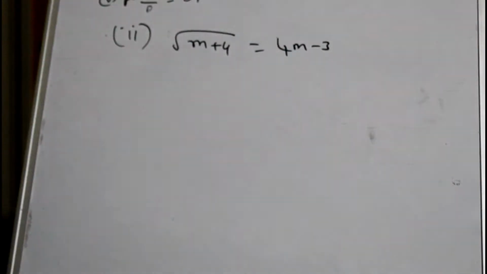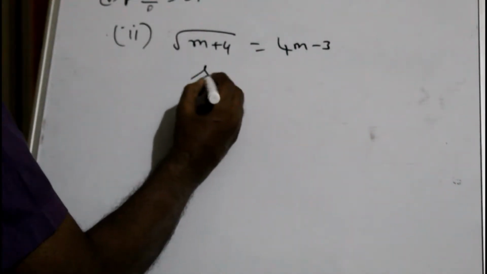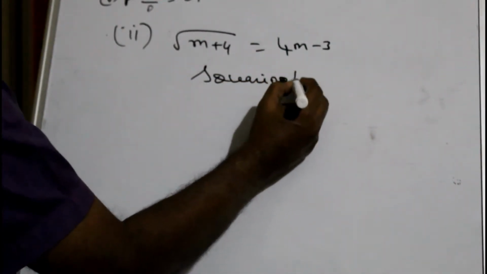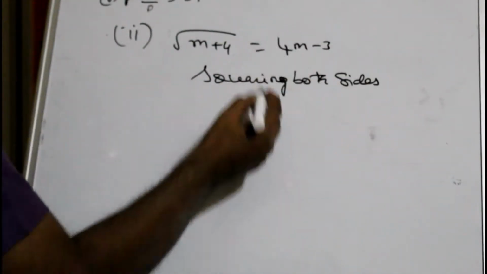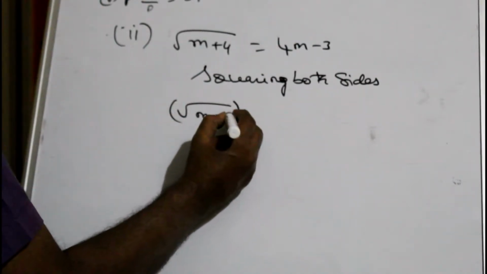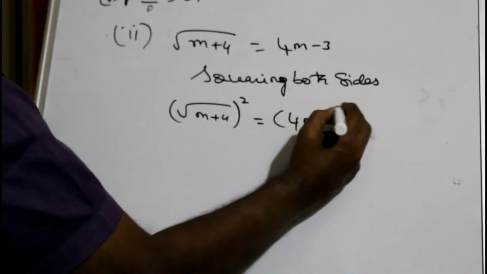Now look here. We have to check whether it's a quadratic equation in m. So when a root comes, you square both sides. Whenever a root comes, you must square it. Root of m plus 4 the whole square is equal to 4m minus 3 the whole square.